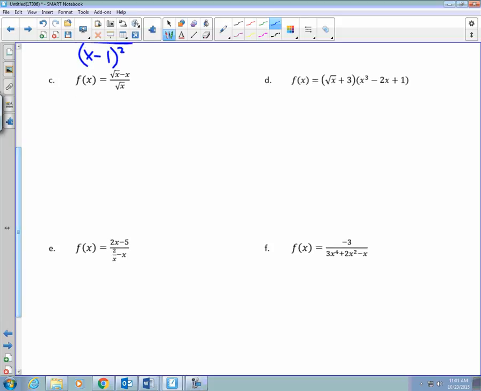Product rule or quotient rule? I don't like C. Product rule. So what's the derivative of square root of x plus 3?